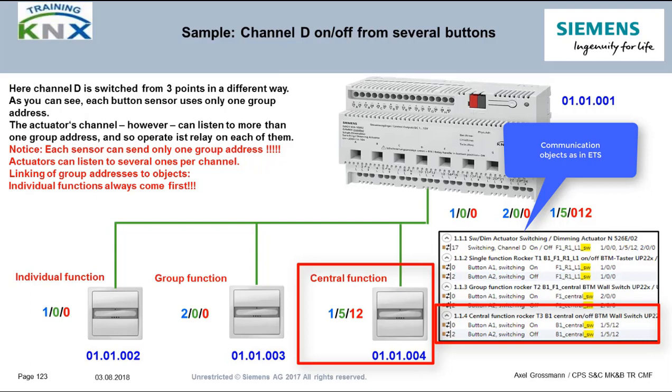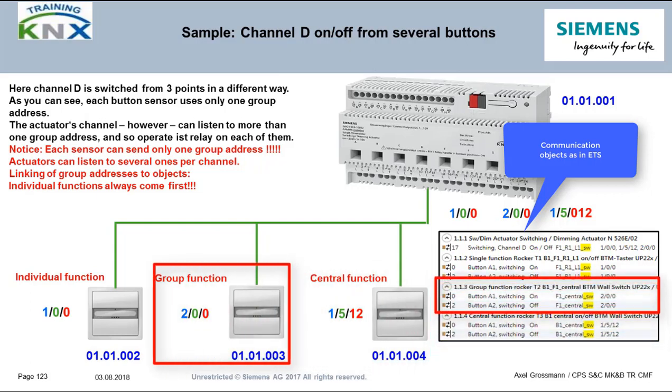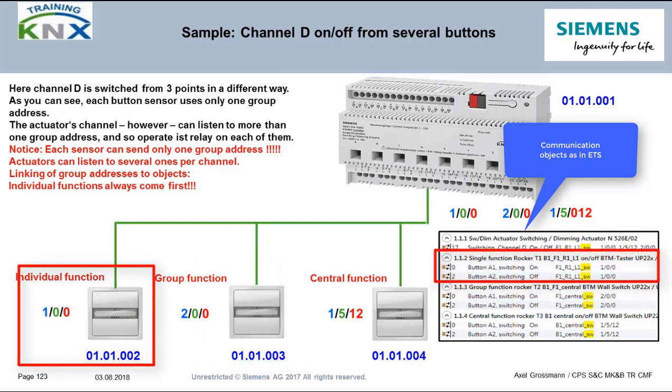Group address 1512. The group F1 central switch, which is all lighting in building 1 floor 1 switching, group address 200. And finally, the single control function F1, R1, L1 switching, floor 1, room 1, light 1 switching, group address 100.